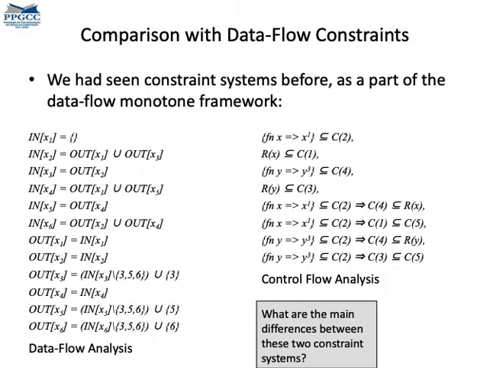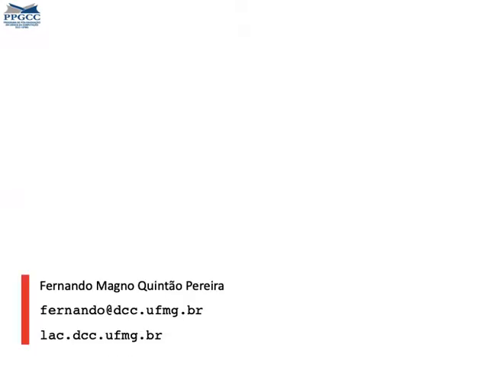So that simplifies a bit the process of solving static analysis. The difference is that in this new case, when you talk about control flow analysis, we have conditional constraints. In the case of data flow analysis, we don't really have conditional constraints. Also, here in control flow, we have inclusion-based equations, and in data flow, we had equality-based equations. So these are the differences.